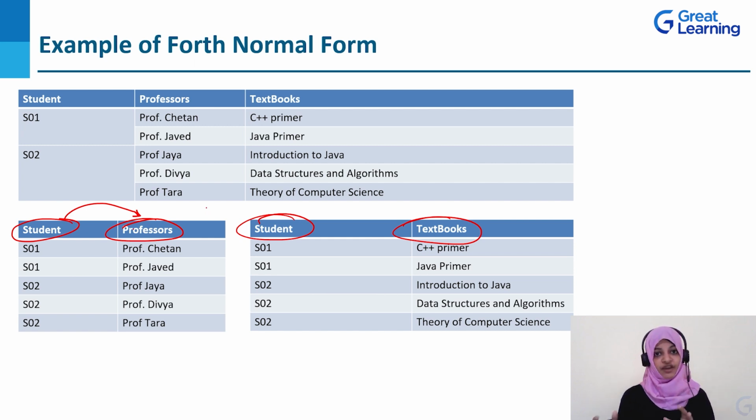So student and professor are clubbed together into one and student and textbooks are clubbed together into a different entity. Again here, professor is actually dependent upon student and textbooks are fully functionally dependent upon the student. This is how we can convert any entity which is not in fourth normal form into fourth normal form.